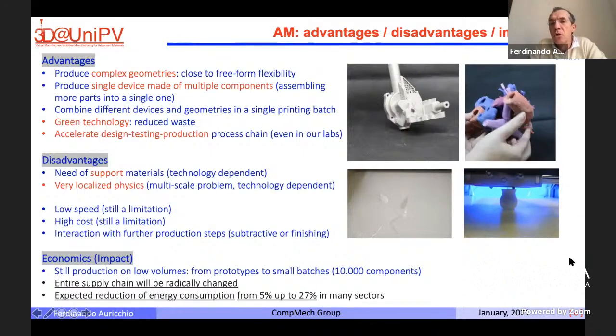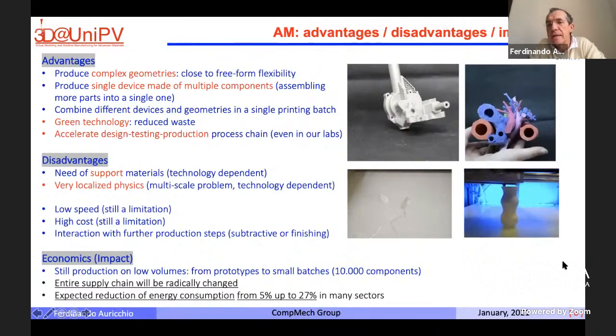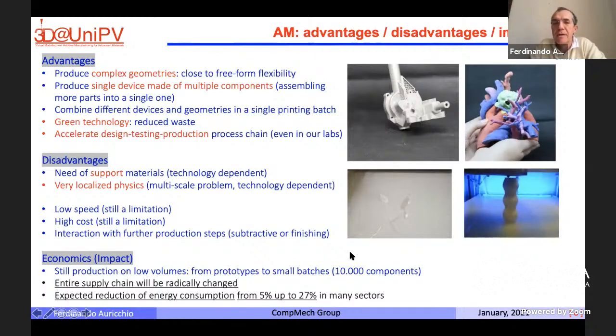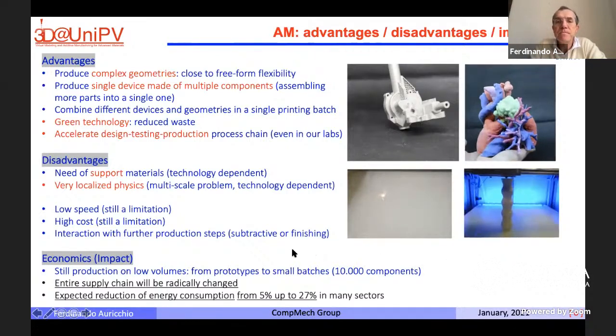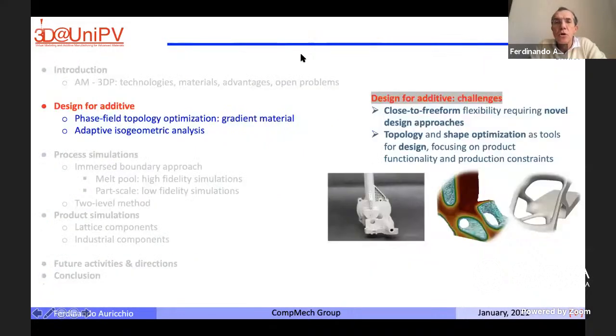So the technology comes with a lot of problems. There are a lot of opportunities from the geometrical point of view, a lot of problems from the production point of view, and a lot of opportunities again for the engineers and the mathematicians who want to study this type of problem.